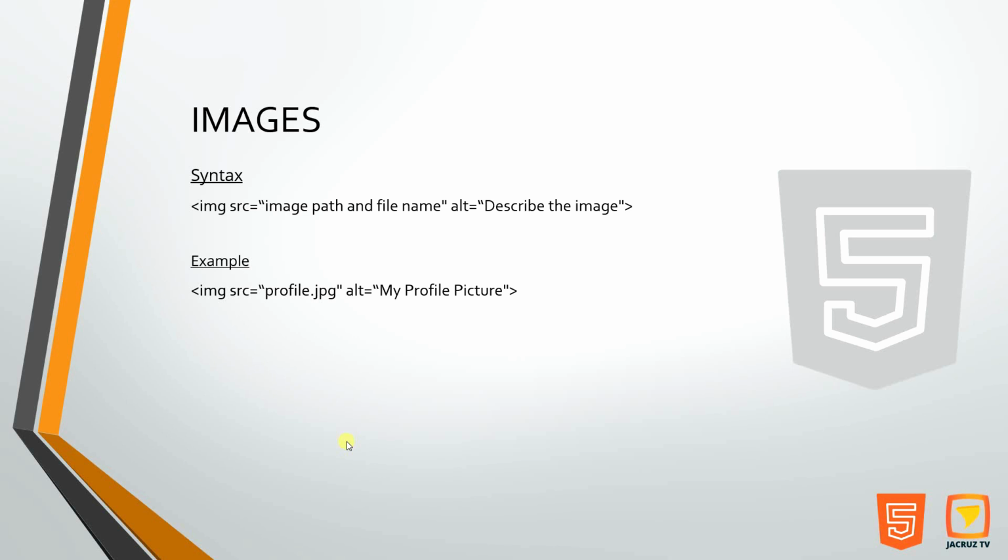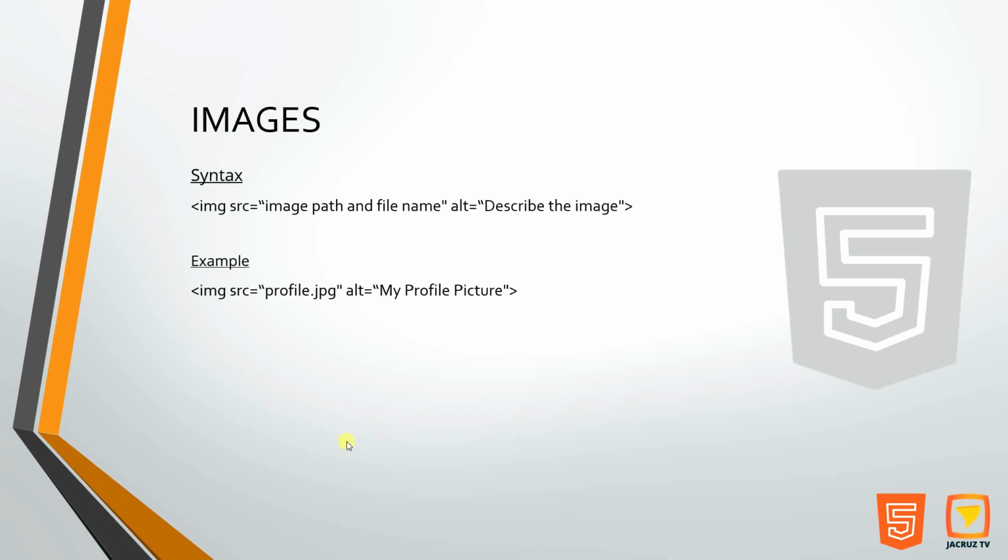So, for example, this one, we have the image tag. Then, inside it, how can we include the image is the source attribute. Inside the source attribute, you need to include the actual file directory and the file itself with the extension name. And then, together with that is the alt attribute, which describes the image when it is not available.